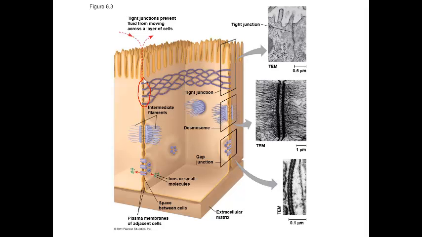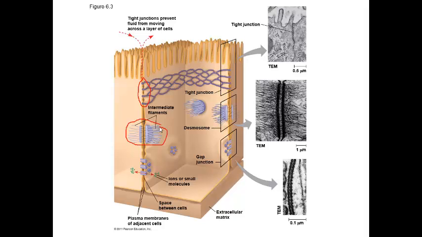Tight junctions are found connecting the cells in your stomach together, and they're going to prevent things like stomach acid from being able to leak out of the stomach. Here we see the desmosome, also called an anchoring junction, which is the strongest junction. They're going to be found in between cells like muscle cells and stop them from being ripped apart during muscle contraction.